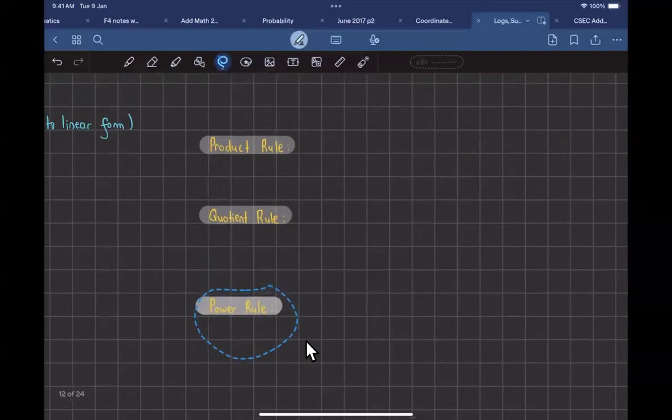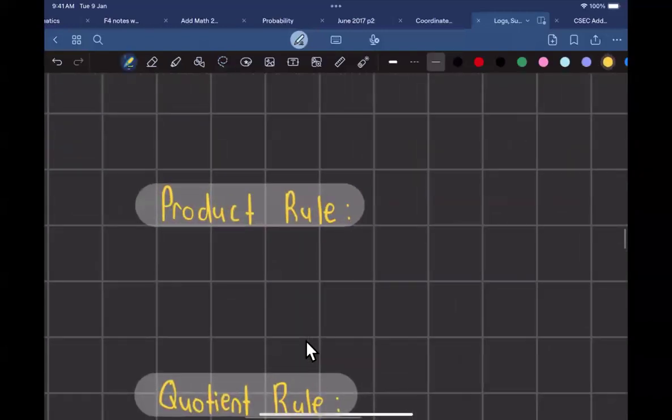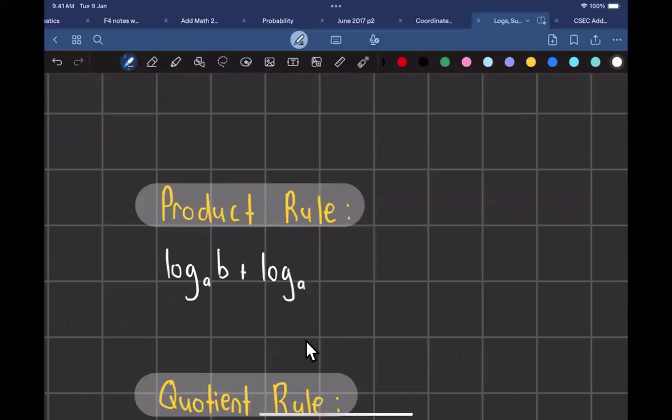So, Kiara, the product rule. That's where you have the plus in the middle. So where you have a plus, you turn it to multiply. Is that it? Yeah. So if I have log base A of B plus log base A of C, that will be equal to what?